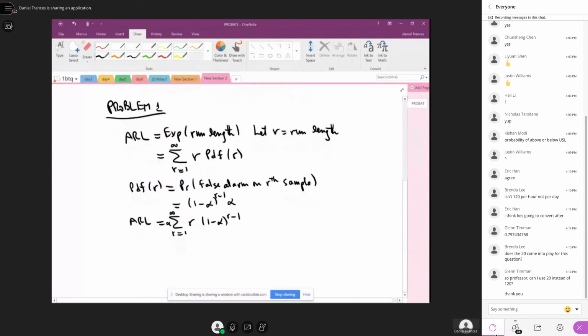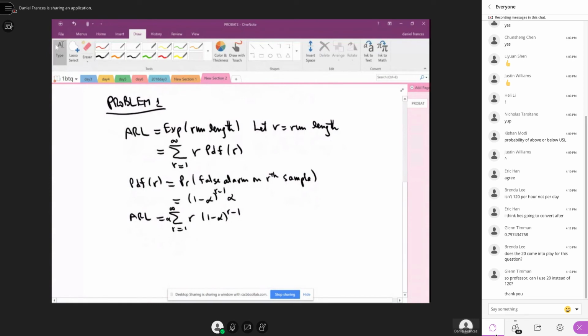There you go. So now, what do I do with this? Well, I'm going to take this sum and call it S. I don't know what that is, but I'm going to try to get some insight as to what it looks like. It's a sum, and I'm going to expand it.